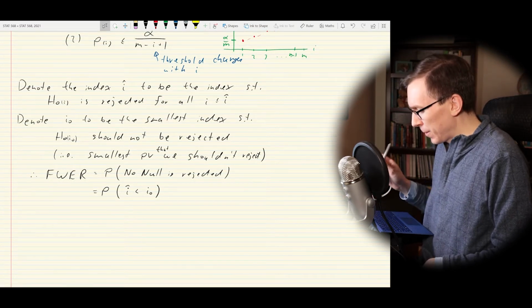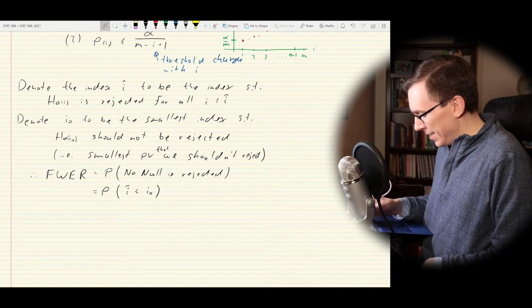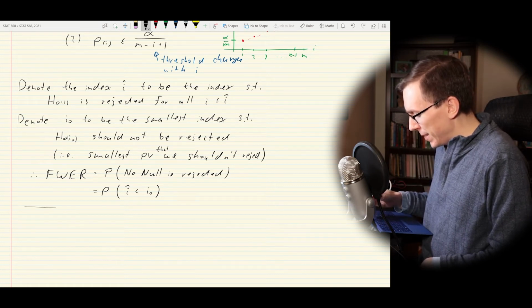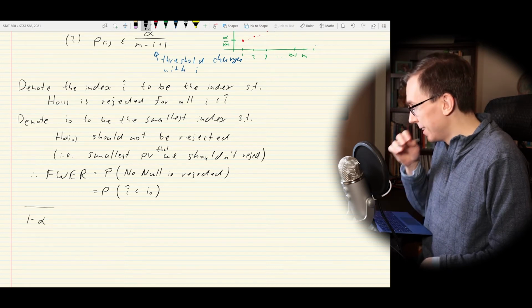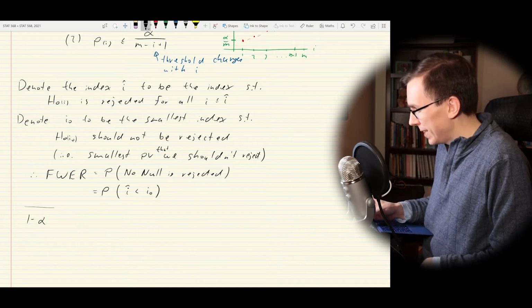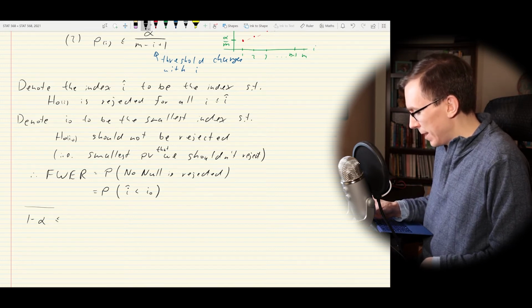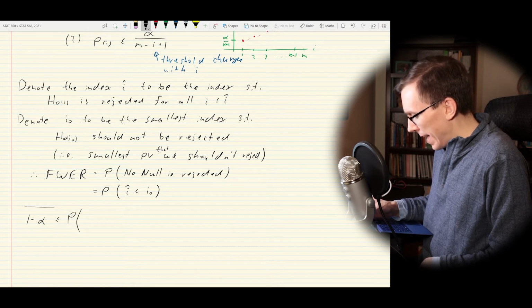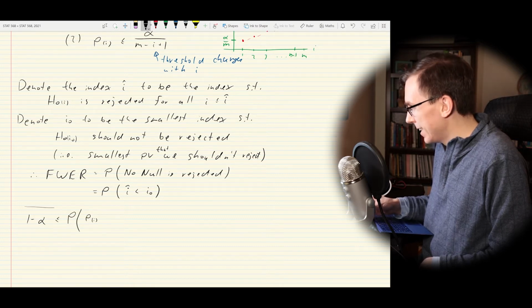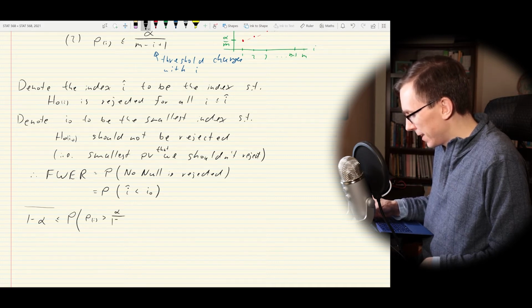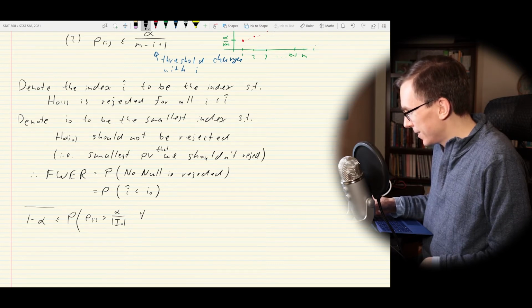So now, to show that we can control the family-wise error rate, what we say is that 1 minus alpha is less than or equal to the probability that P I is greater than alpha over I naught, for all I in I naught.